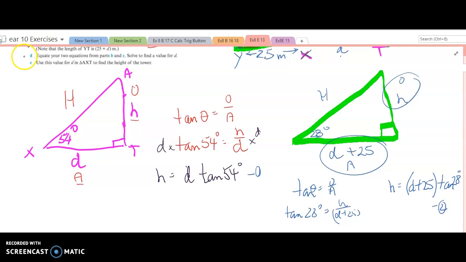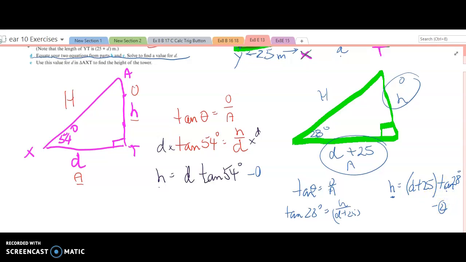Now equate your two equations from part B to solve for D. In other words, we're going to use the substitution method. If this H here is equal to that, then we can replace that H with that expression.